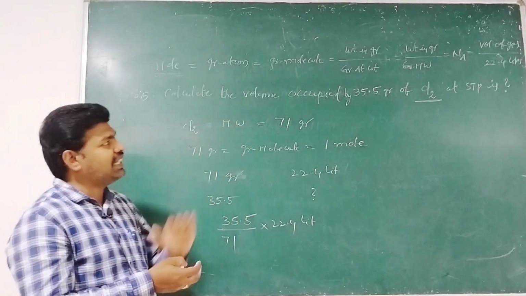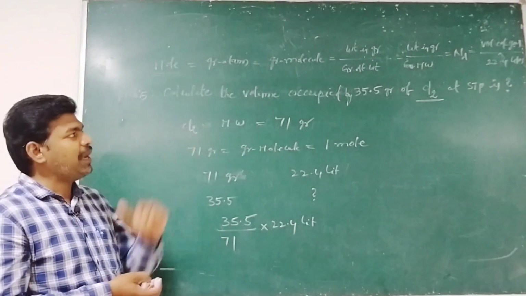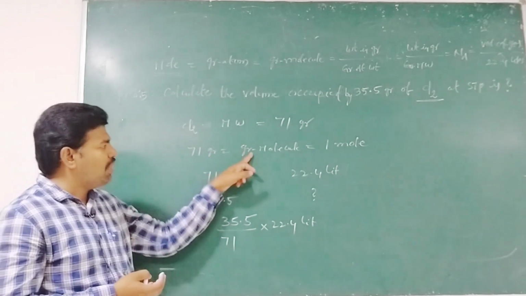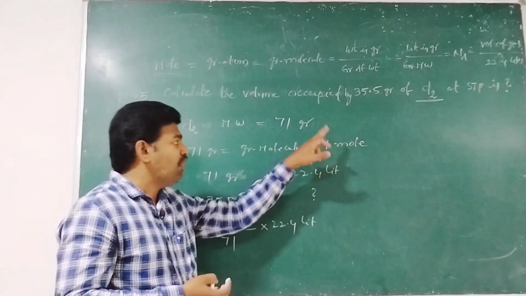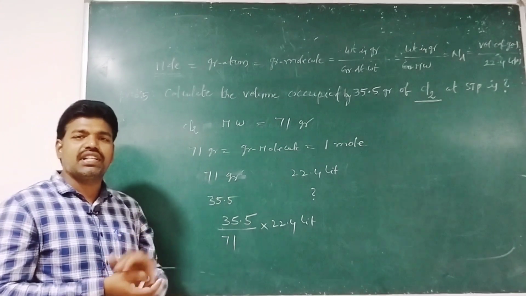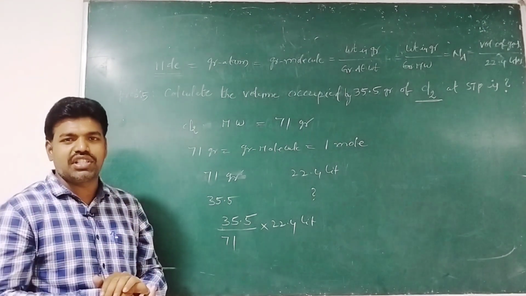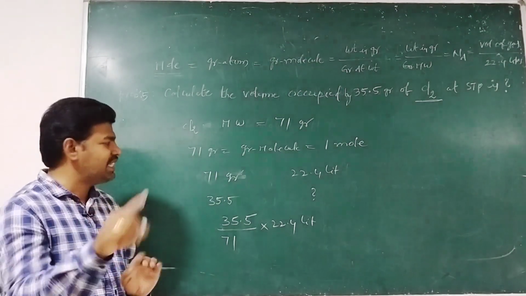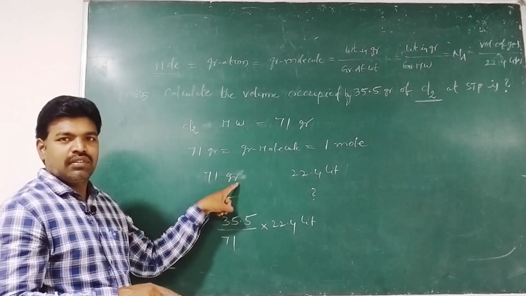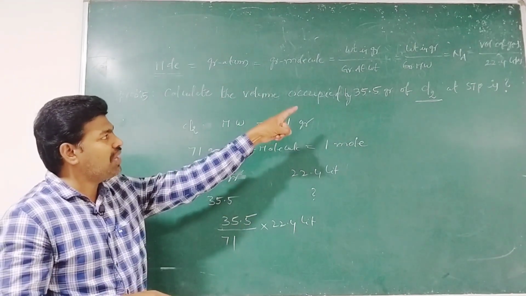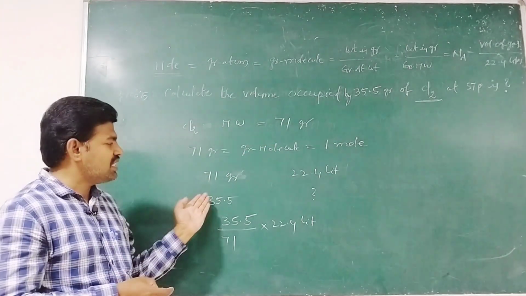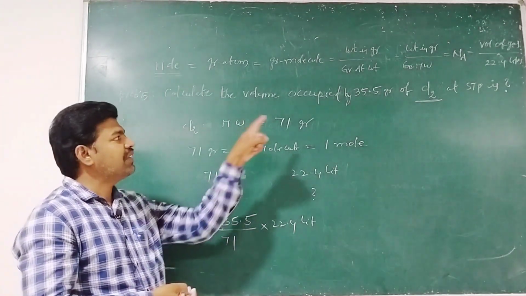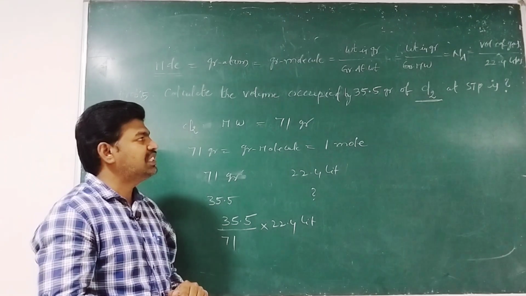Then we have to convert 35.5 grams into moles. We know 71 grams equals 1 gram molecule, and 1 gram molecule is equal to 1 mole, and 1 mole occupies 22.4 liters volume. That is Avogadro's concept. So 1 mole means here 71 grams, and what they ask is 35.5 grams of chlorine. Then you just cross multiply this equation, and you get the volume occupied by 35.5 grams of Cl2 gas.